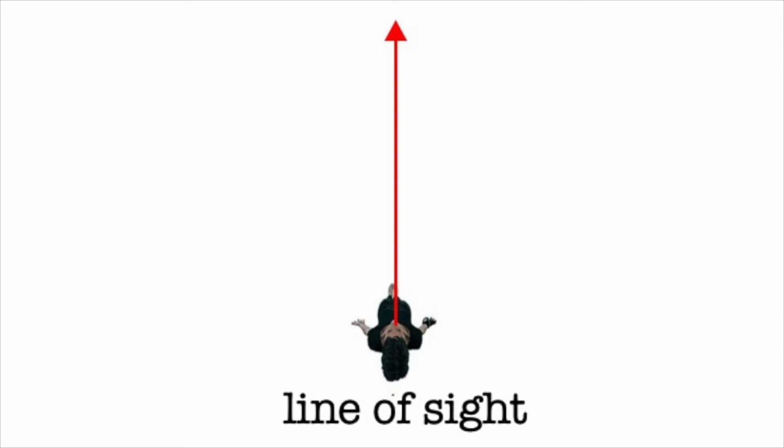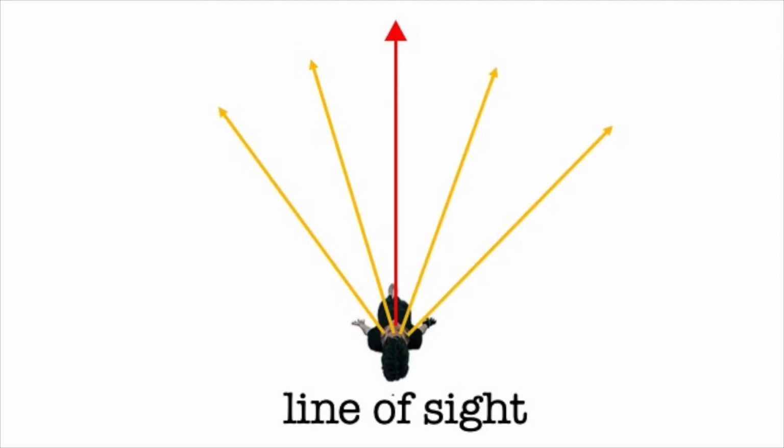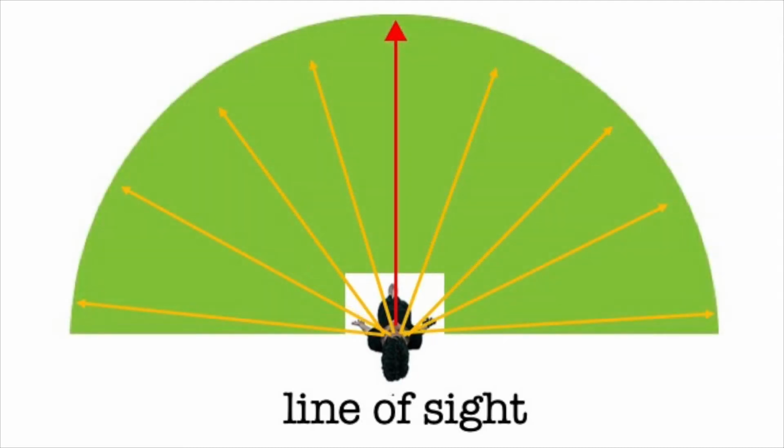When we are looking anywhere, the line that stretches out from our eyes straight out in front of us is called line of sight. And what we are looking at directly is at the end of our line of sight. However, that's not the only thing that we are seeing, obviously. Our eyes have peripheral vision, meaning that we are actually aware of other things that are not directly in front of us, directly in our line of sight.